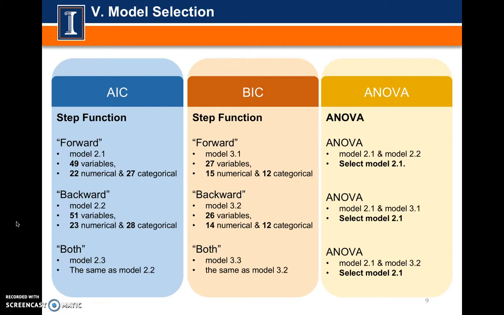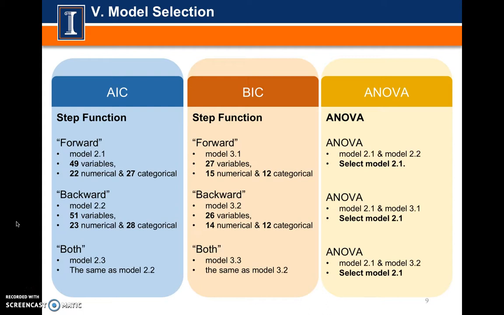For both methods, there are 3 models respectively: forward, backward, and both. It is observed that the both model is the same as the backward model, and the number of variables selected by the BIC method is much less than in the AIC method.